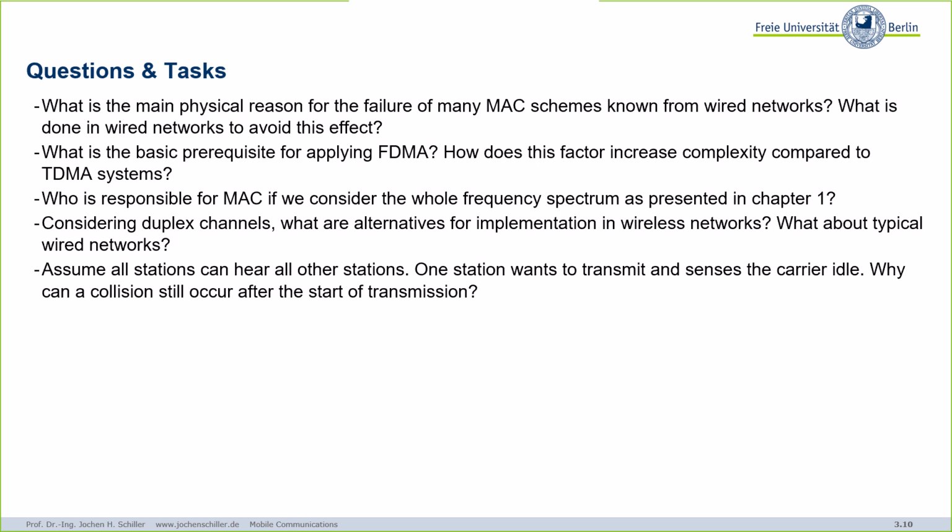Okay, so, FDMA complexity compared to TDMA. What do we need if we apply FDMA? Think you are the receiver. And now we use FDMA. What is one of the problems we do not have in TDMA?